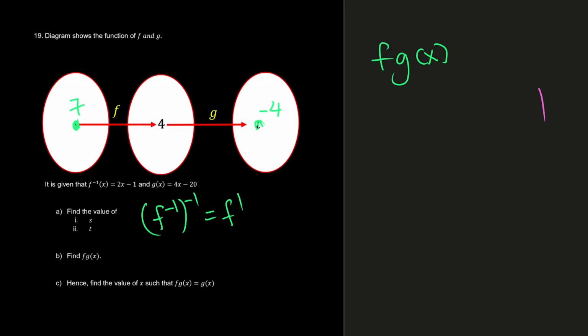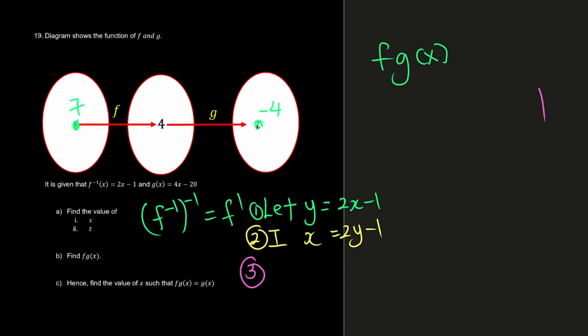Let y be equivalent to 2x minus 1. Step number 2, interchange the x and y and solve for y. The third step gives us (x plus 1) over 2 equals y.